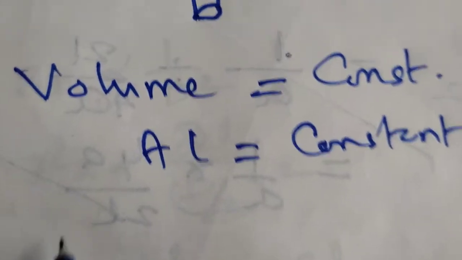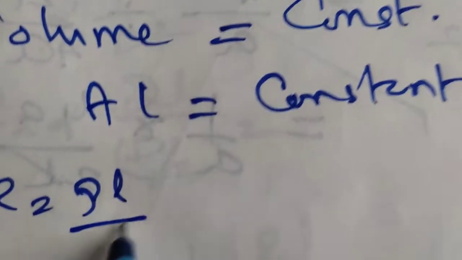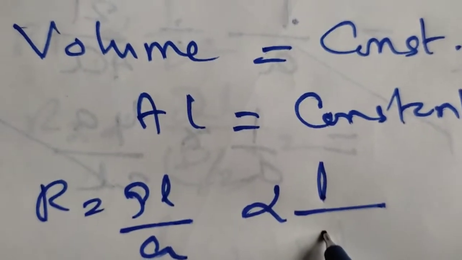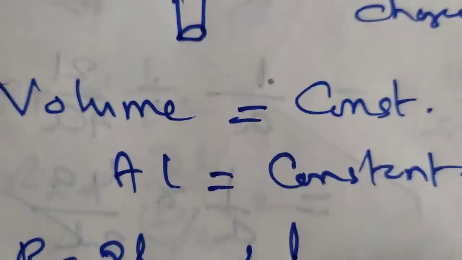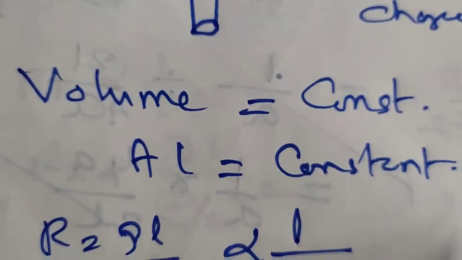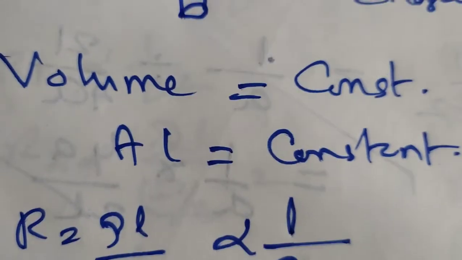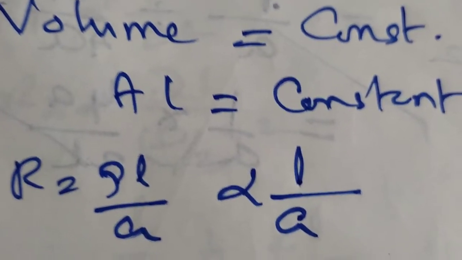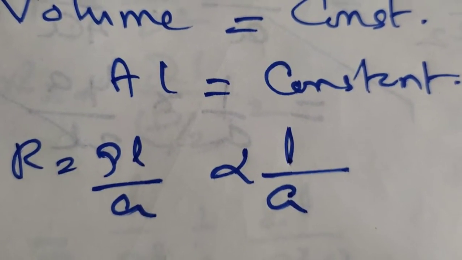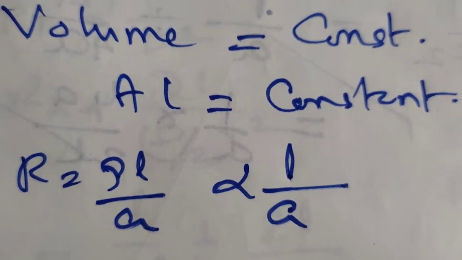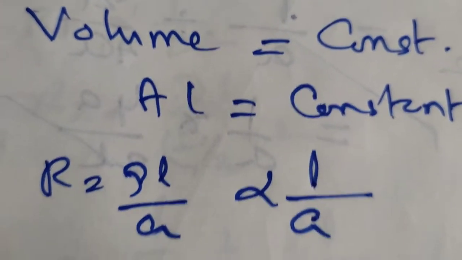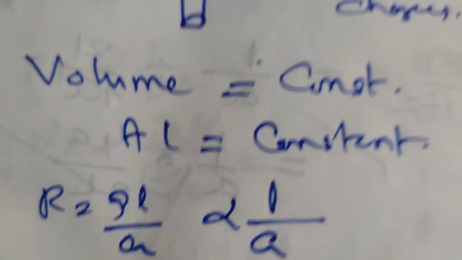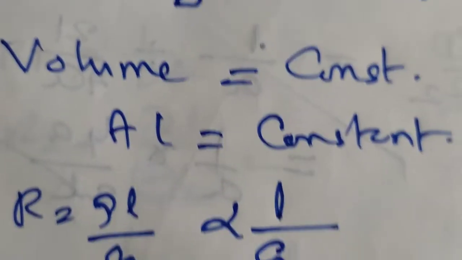Now R is equal to rho L by A, proportional to L by A. But here area into length is remaining constant. So what we have to do is write R as L squared by area into length.